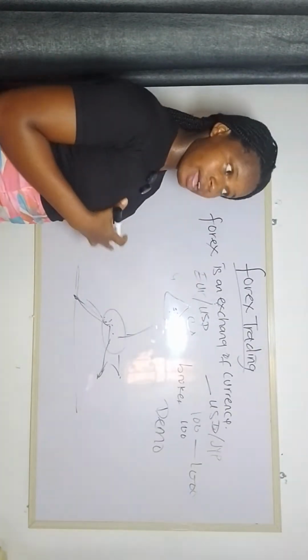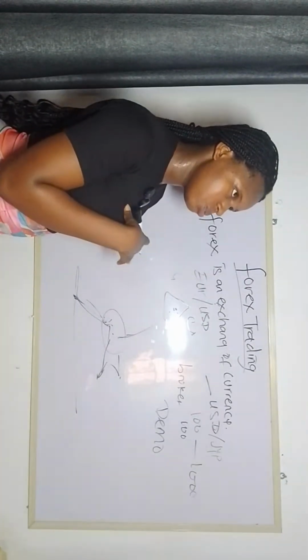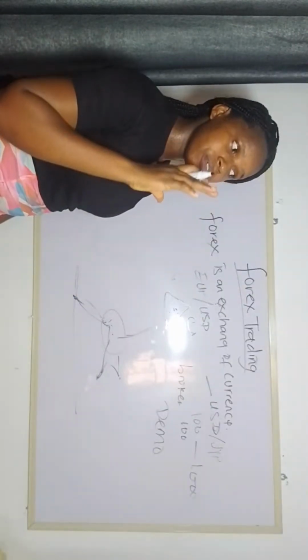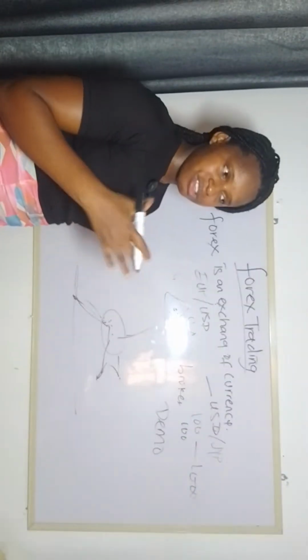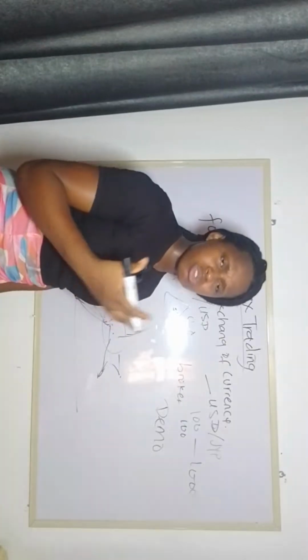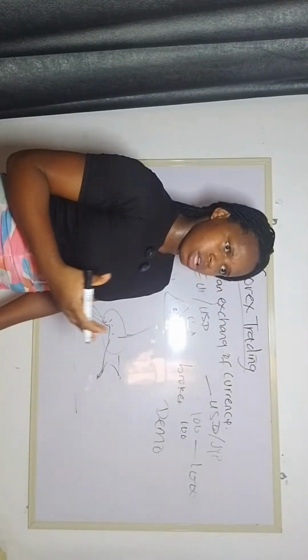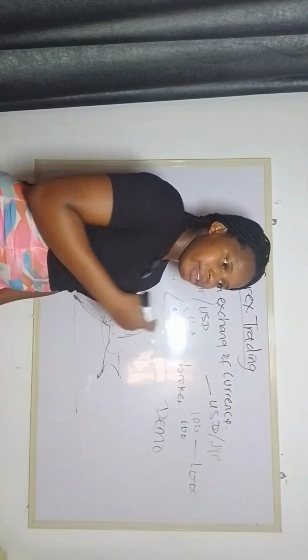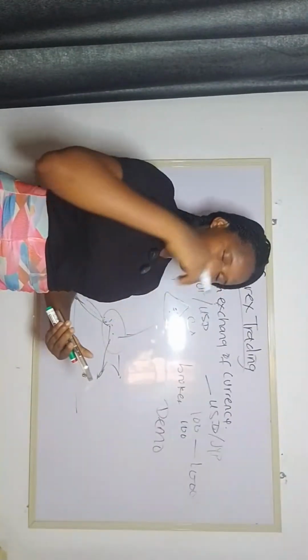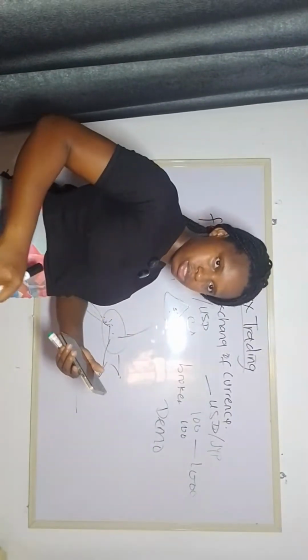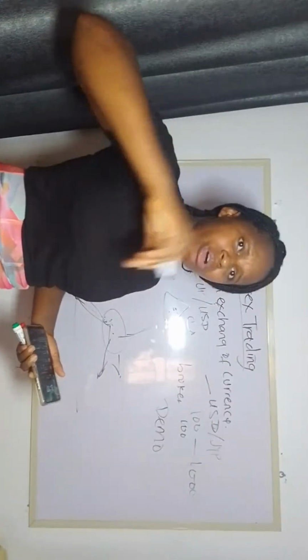Me particularly, I traded with a demo account for over 6 months. The reason is not because I just wanted to trade with a demo account for 6 months. No, you understand? In as much as I was trading with that demo account for those 6 months, I was trying to understand the currency pairs.